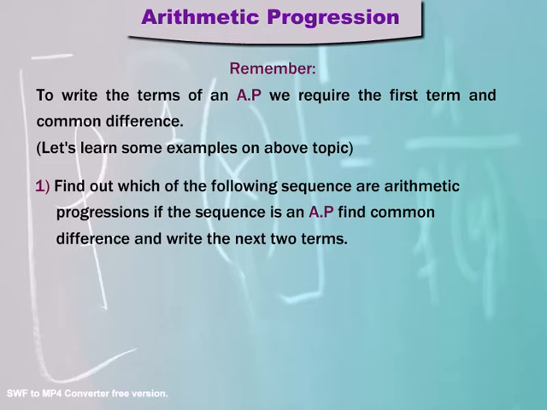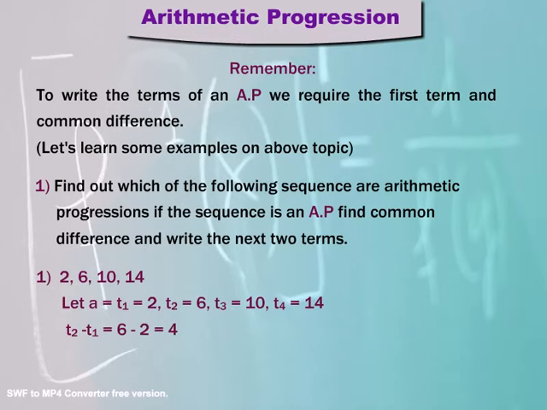1. Find out which of the following sequences are arithmetic progressions. If the sequence is an AP, find the common difference and write the next two terms. 1. 2, 6, 10, 14. Let a equals T1 equals 2, T2 equals 6, T3 equals 10, and T4 equals 14.